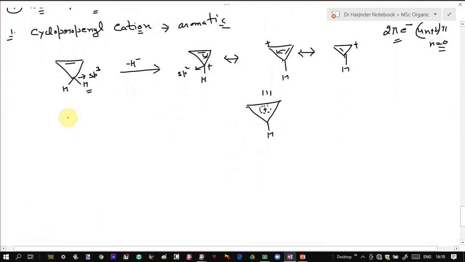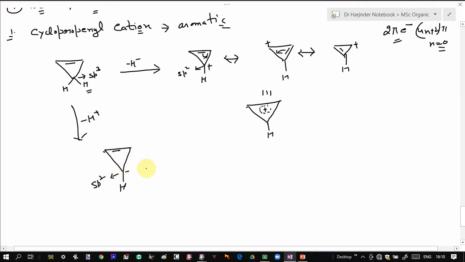Suppose we remove this hydrogen as H plus ion. In that case, it will become cyclopropenyl anion. Now in this case also, there is a complete delocalization of these electrons, as this is also sp2 hybridized. And they are in conjugation, so there's a complete delocalization of electrons.